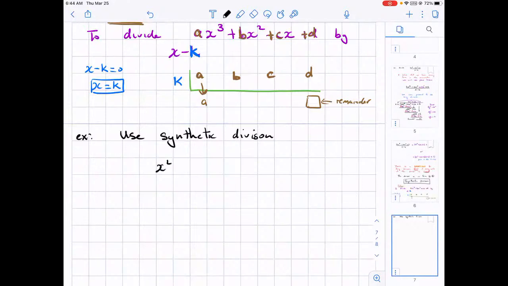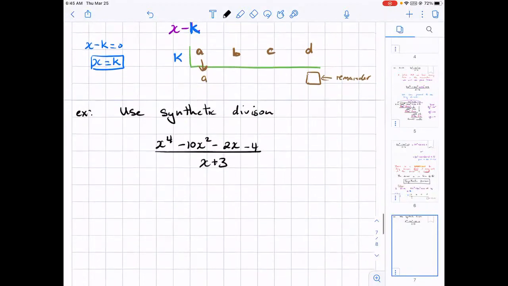Let's say we have x to the fourth minus 10x squared minus 2x plus 4 divided by x plus 3. To use synthetic division, this has to be linear, so we can use it.